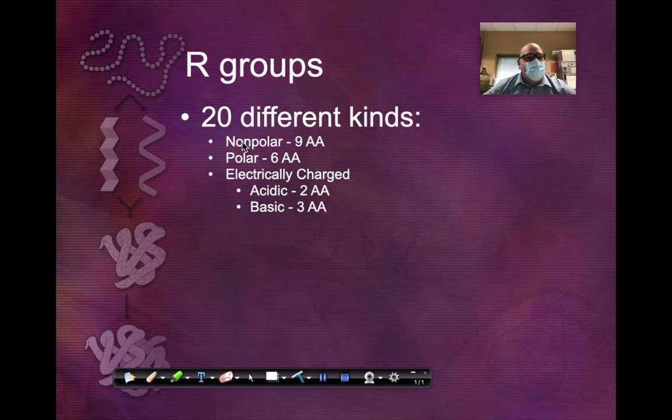I just want you to know that there are some that are nonpolar, some that are polar, and then you have some that are acidic and some that are basic. Why so much? Why do we need all these different chemical properties? Okay, here's why. Amino acids do all the biochemical work of every biological process on the planet.